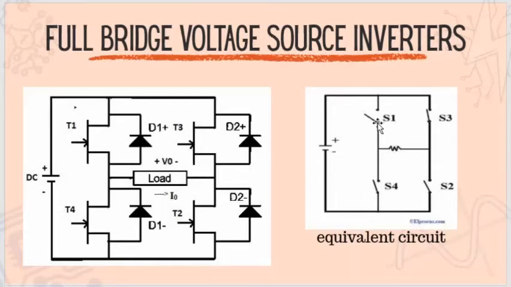We have 4 switches, and at the center is the load, and it is connected to a DC source. So the expected output in our load is an alternating waveform, either square wave, sine wave, modified sine wave, or any.